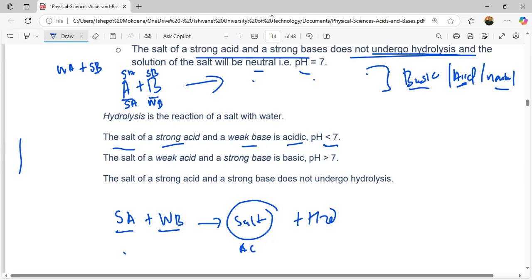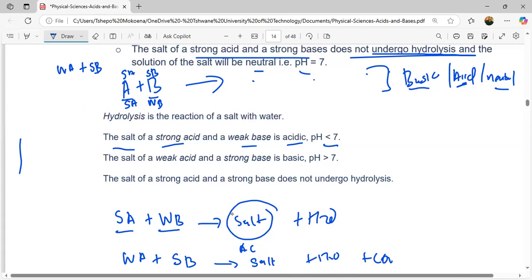But if you take your weak acid and react it with a strong base, you're going to form salt and water. Sometimes you form carbon dioxide. Like I said, it depends on what acid and base are reacting here. But anyway, the main focus is the salt because you're talking about hydrolysis.